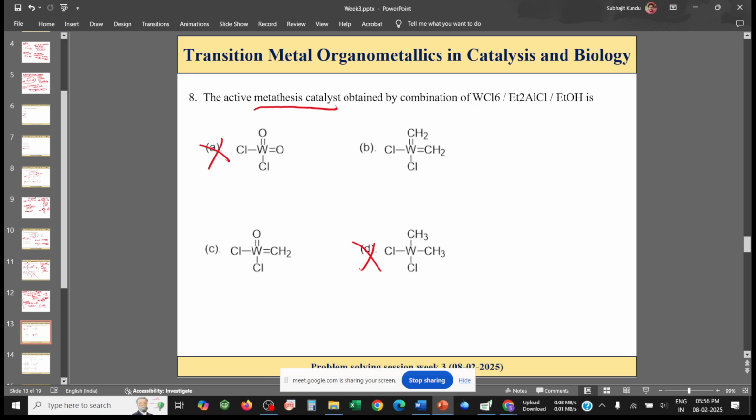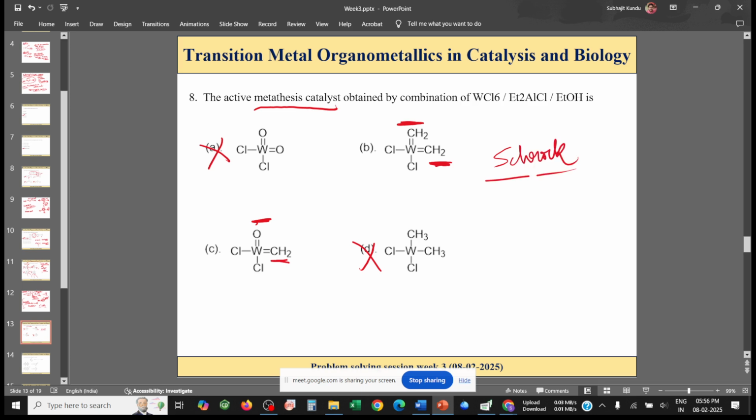Between option B and C, the carbene forms; this is CH2, CH2, this is CH2 and this is O. This much difference only we have in these two options. As in the last question, is this carbene Fischer type or Schrock type? Obviously it will be Schrock type carbene.